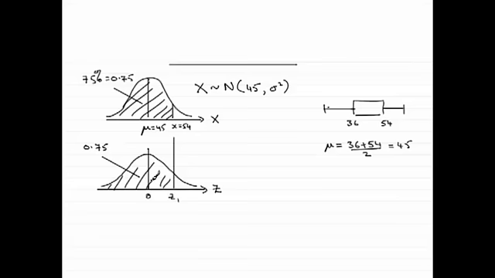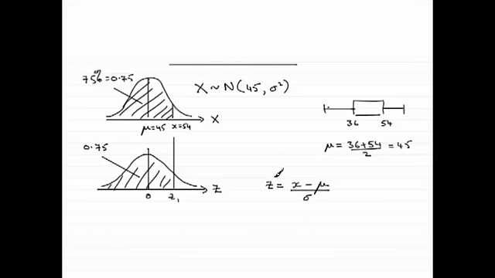Now you should know that any Z value, Z is given by the observed value that corresponds to it, which is X, minus the mean, all divided by the standard deviation.